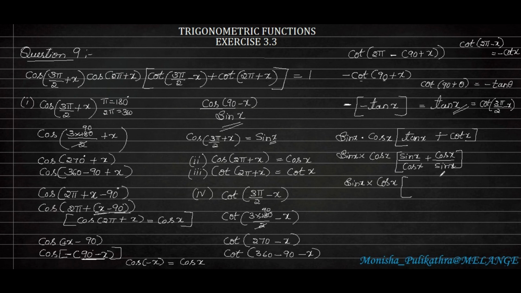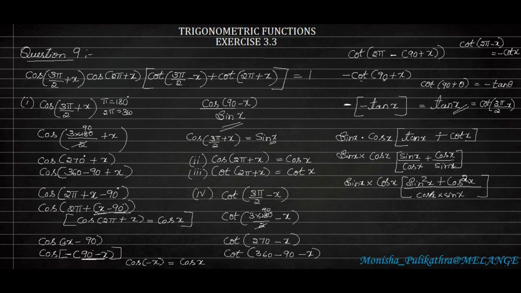Cos x and sin x both are LCM. So in the first section, cos x and cos x get cancelled. Remaining will be sin x, so sin x into sin x is sin square x. In the same way, in the second section, the denominator sin x and here sin x will get cancelled. Remaining will be cos x. Cos x into cos x is cos square x.